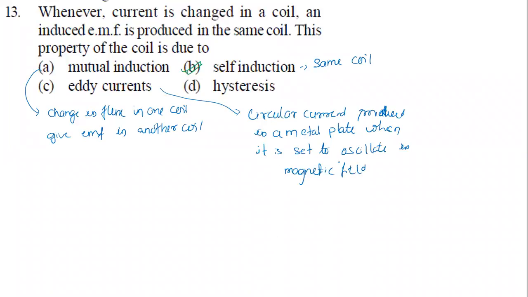So in a magnetic field, if it is oscillating and a current is produced, that is what we call eddy current. It will be in a circular shape. That's the reason we call it eddies.